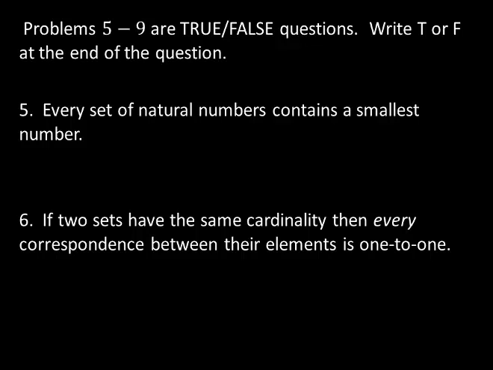Well, the natural numbers themselves start with 1 and everything else is bigger, right? 1, 2, 3, ... So any subset, any set of natural numbers is definitely going to have a smallest because the set itself does. So I would just write true. It is true. Every set of natural numbers contains a smallest number.